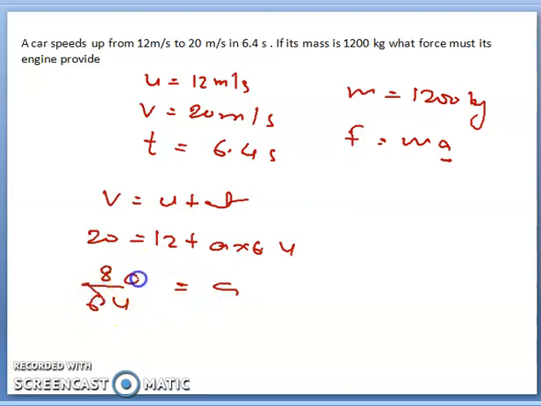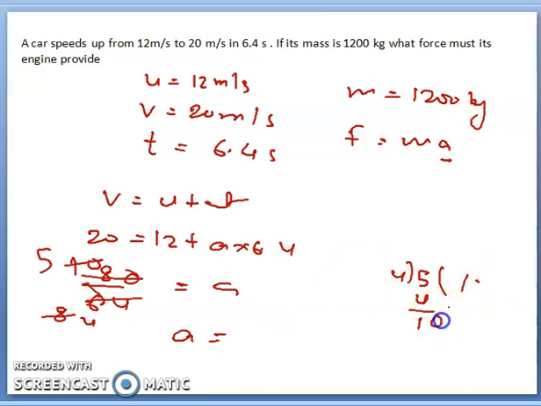We can write this like this: 8 into 8 is 64, 8 into 10, so 10 upon 8 we can also write as 5 upon 4. So a equals 1.25 meter per second square.